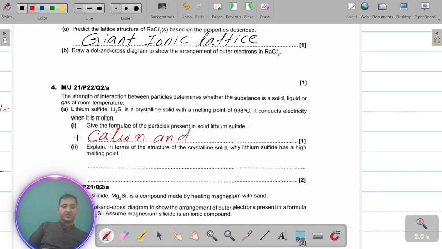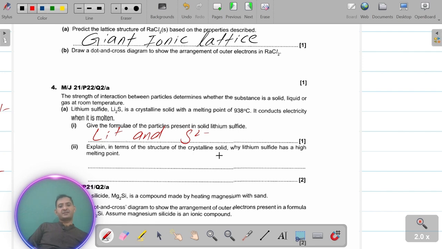The cation is lithium and the anion is sulfide. Cation is lithium ion. Lithium is from group 1, so positive 1 charge. Sulfide is from group 6, so negative 2 charge.